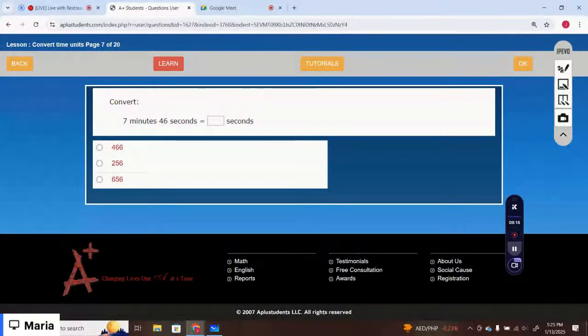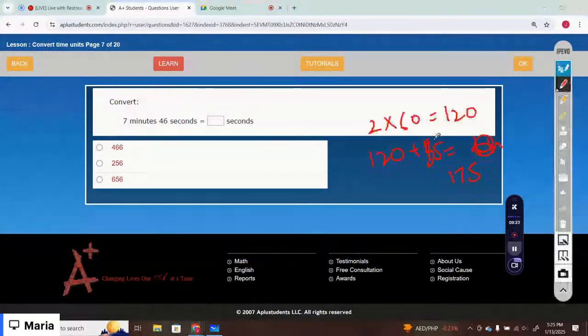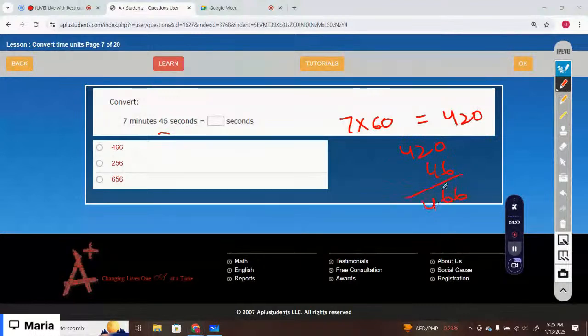7 minutes 46 seconds. You have to convert it into seconds, right? In 1 minute, you have 60 seconds. So you have to calculate 7 times 60. 7 times 6 is 42, so 420. And then you have to add 46. So 420 plus 46 is 466.